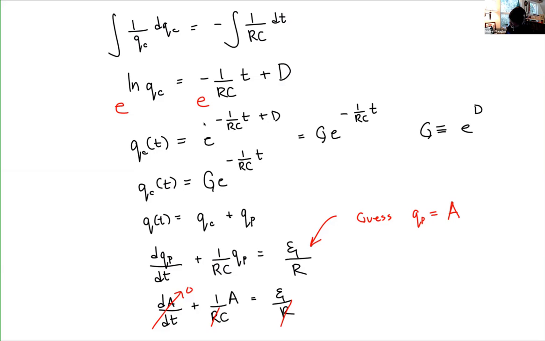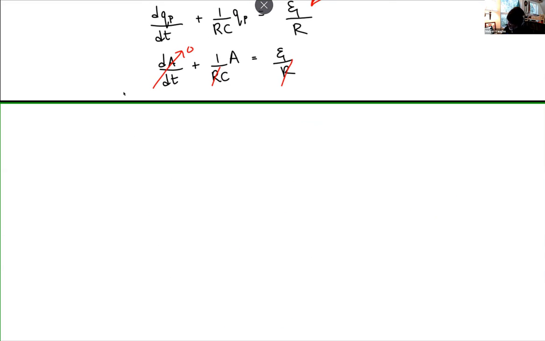They cancel out. And what I'm left with now is that our particular solution, QP, is equal to, well, if you look at this above, this means that our particular solution is just equal to the product of the EMF of our battery and the capacitance of our capacitor.